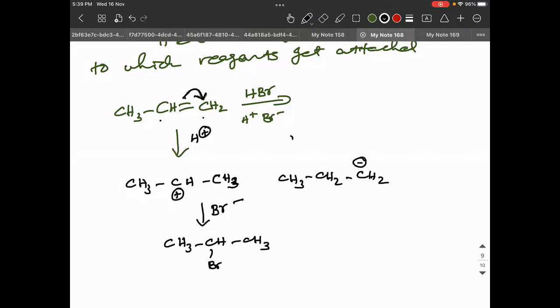Here you have CH3, CH, double bond CH2. Now it can shift like this, means CH plus, and the minus charge will come here. So the H plus will attach over here. Now you have the primary carbocation and the secondary carbocation. Among these two, which is most stable? The first one or the second one? This one or this one?